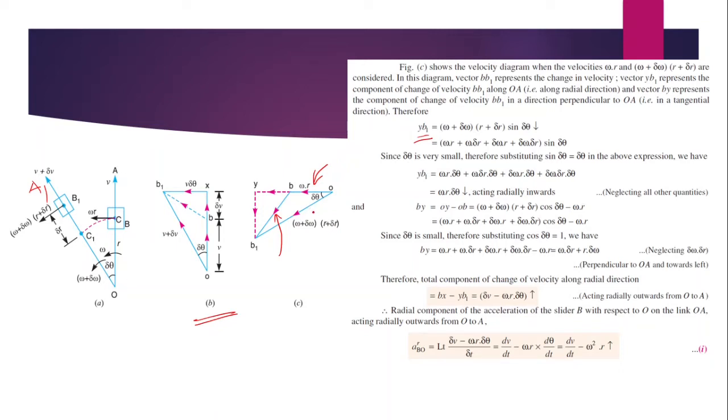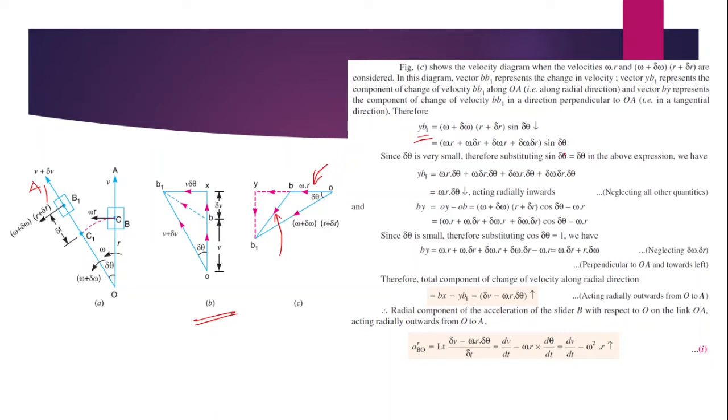Then the sine component of that hypotenuse will become YB1. YB1 is equal to (omega plus delta omega) into (r plus delta r) sine delta theta. Then that's equal to (omega into r plus omega into delta r plus delta omega into r plus delta omega into delta r), all into sine delta theta.